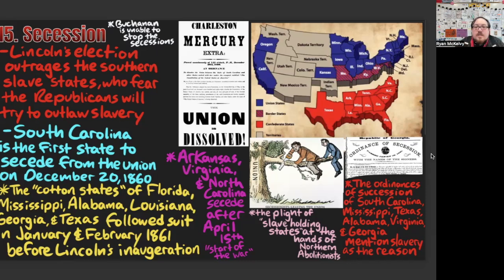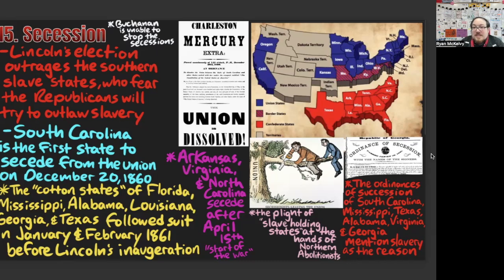And then the start of the war will happen in April, and then Arkansas, Virginia, and North Carolina will secede after that. And again, some people still might argue, even to this day, that this war was about states' rights, but nearly all of the secession documents mention slavery.